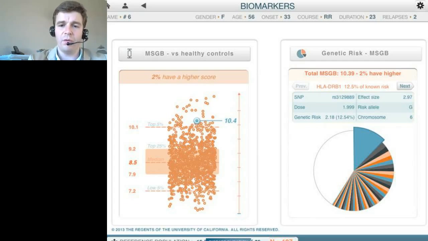So this 10.4 number, this genetic risk score, this MSGB, MS genetic burden, that we have for this one patient, is really a score that is difficult to interpret. But what we're doing here is saying, compared to about 500 healthy controls, only 2% of the healthy controls have such a high genetic risk score. And so we're making a personal interpretation of the genetic risk score by comparison to a reference group.